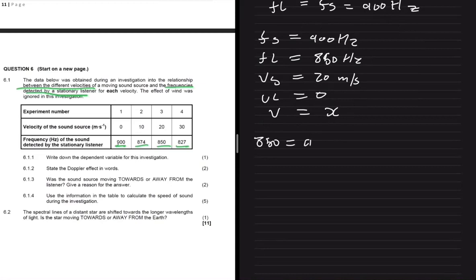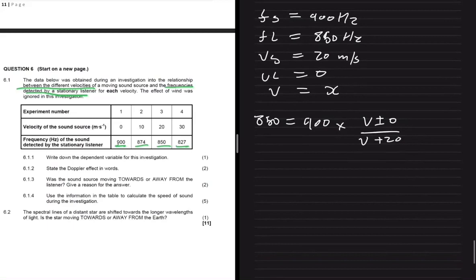850 equals 900 multiplied by (V plus 0) divided by (V plus 20). We use a plus because the source is moving away. If the source was moving towards, we would have a subtraction on the denominator. Let's divide both sides by 900: 850 divided by 900 equals V divided by (V plus 20).